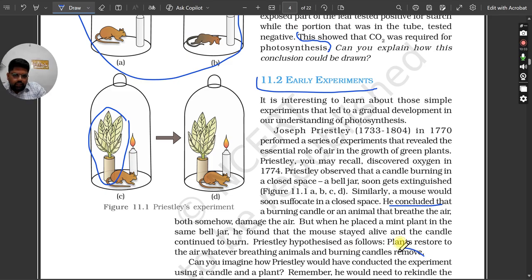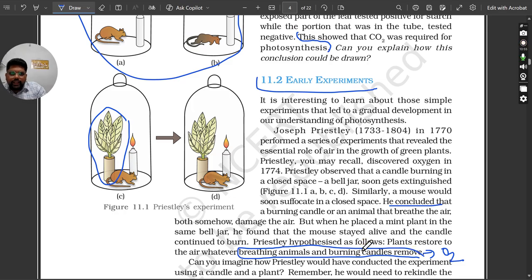We all know that breathing animals and the burning candle require oxygen. So the plant is restoring the oxygen which is consumed by the breathing animal, the mouse, and the burning candle.